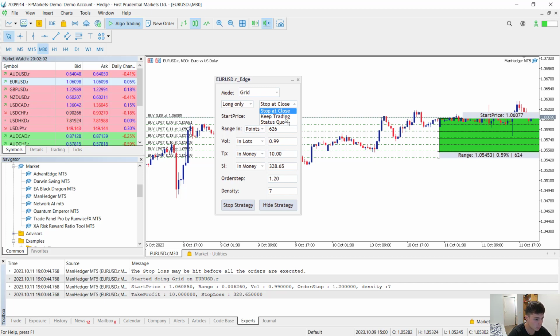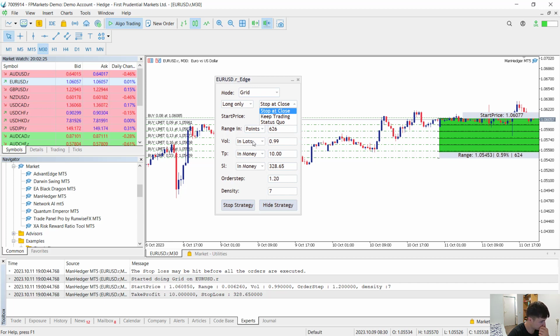Keep trading means that we will keep the strategy running after it closes out with a profit, and the bid price where it closes out will be the new start price, and status quo will mean that it will still run the strategy but with the same start price, so probably it will take some time for the price to get back there.